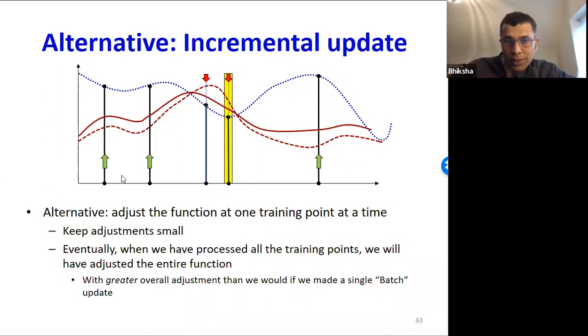But although each of the individual updates may be very small, because you made so many of them, cumulatively, you may actually end up with a greater adjustment than if you performed a batch update where you considered all of the points all at once. So, questions?